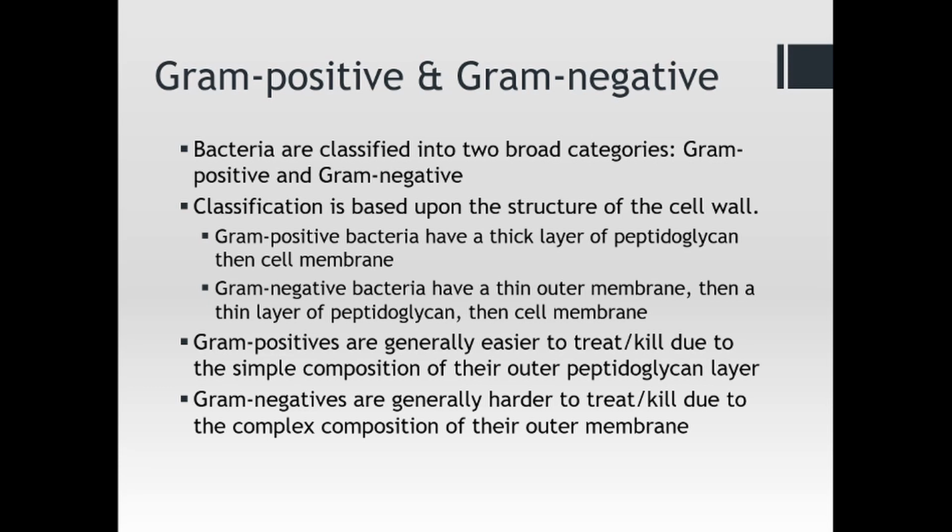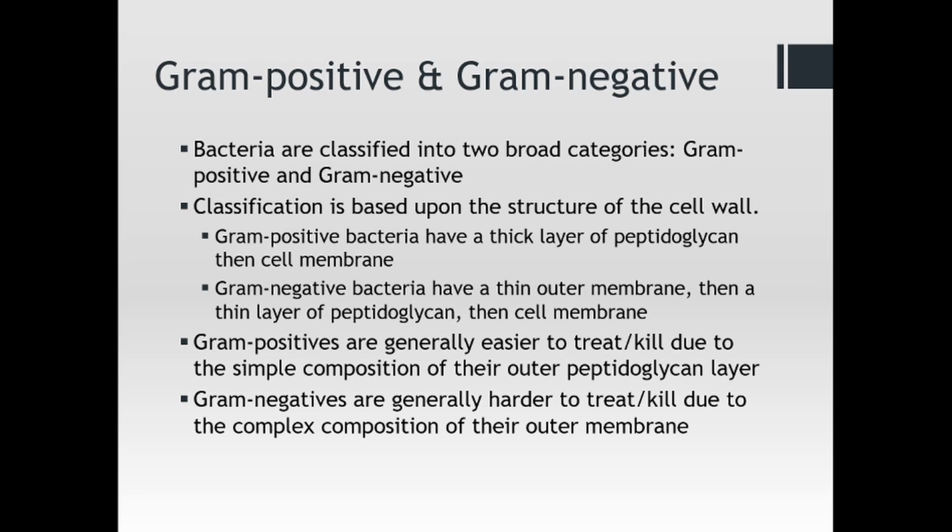So we have developed antibiotics and antimicrobials and disinfectants that are really good at tearing apart the peptidoglycan, basically snipping through those protein ropes. And once you do that, it's over for the bacterial cell. They're going to die. They're going to spill their guts out. Gram-negatives, though, have this outer membrane that has a lot of bells and whistles with it. It's got a pretty complex nature to it.